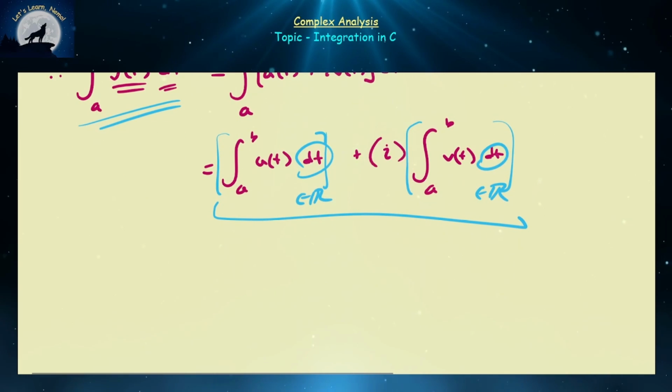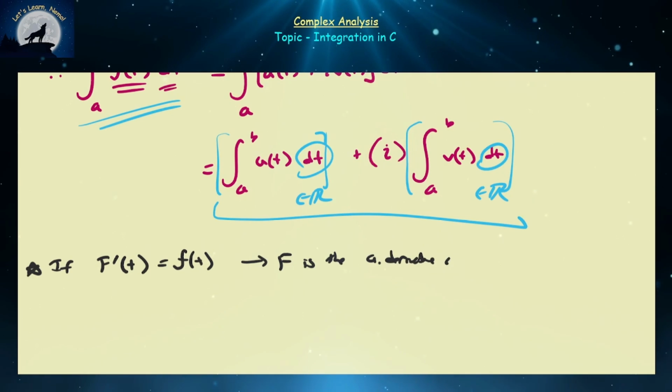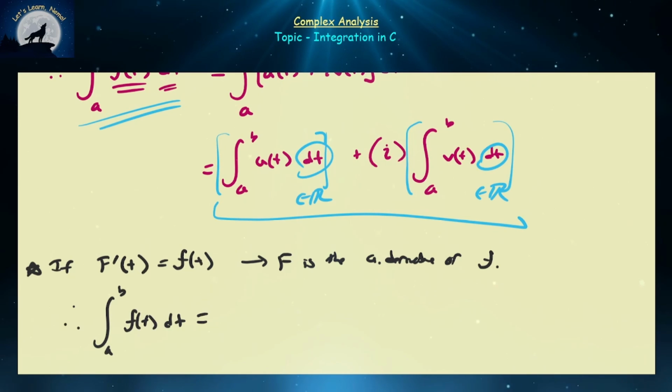So if this is indeed the case, then I invite you to try and verify that if the derivative of capital F is equal to little f, that is, little f is the derivative of capital F, so capital F is the antiderivative of little f, then the integral from a to b of little f of t dt will be equal to capital F of b minus capital F of a.